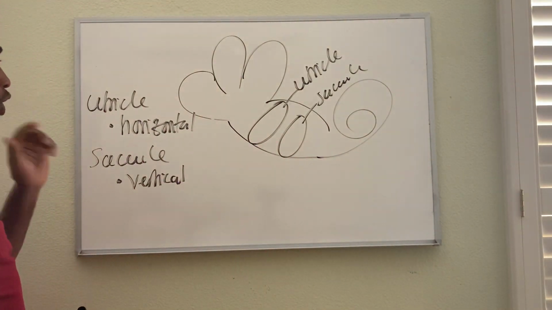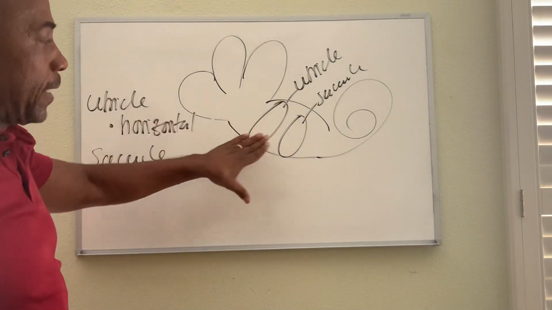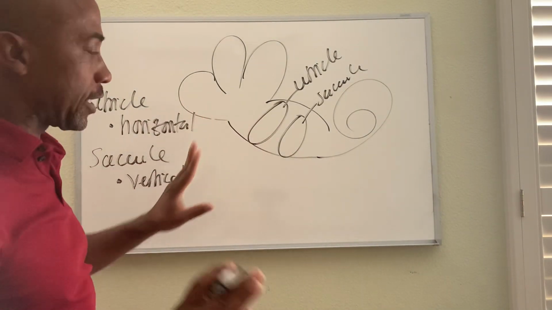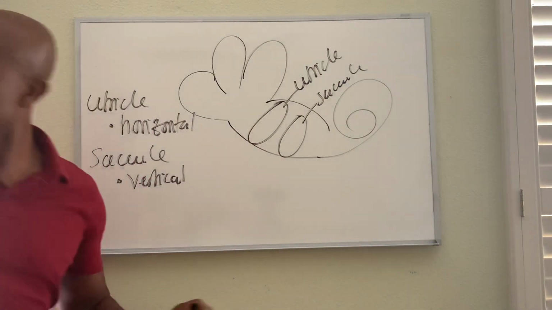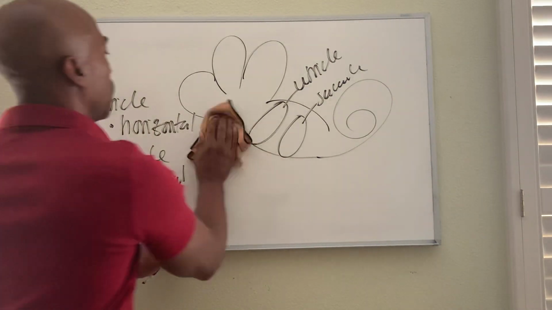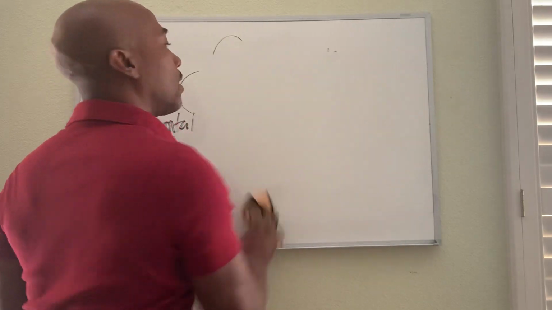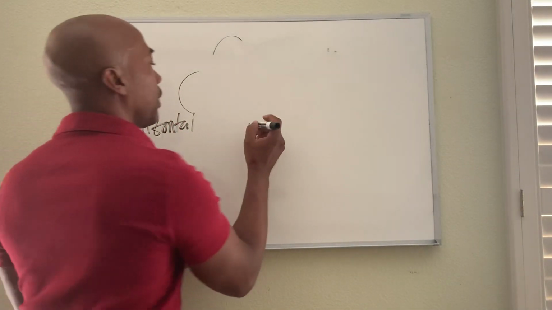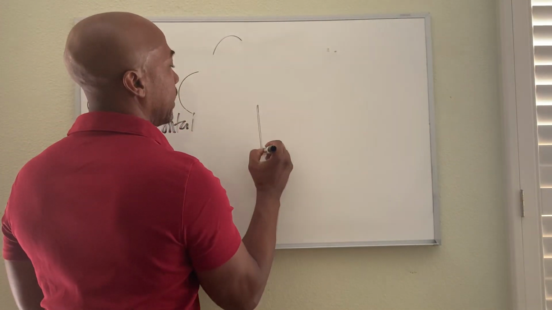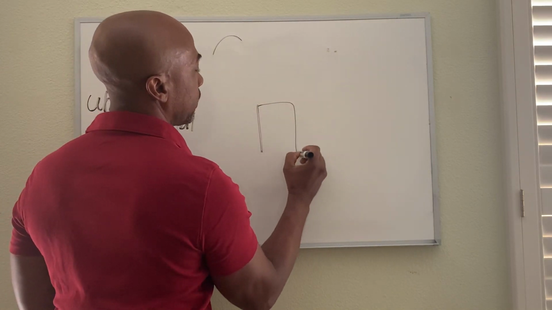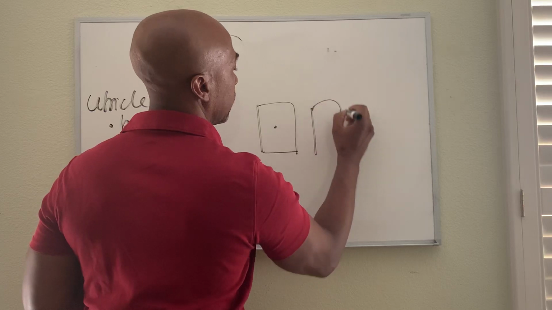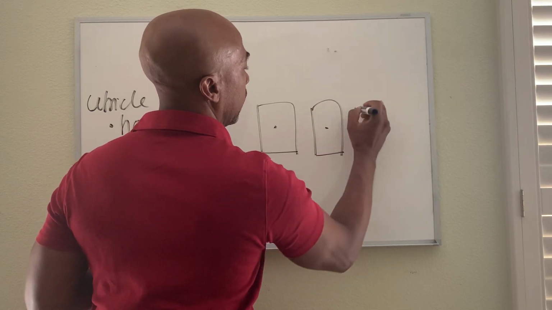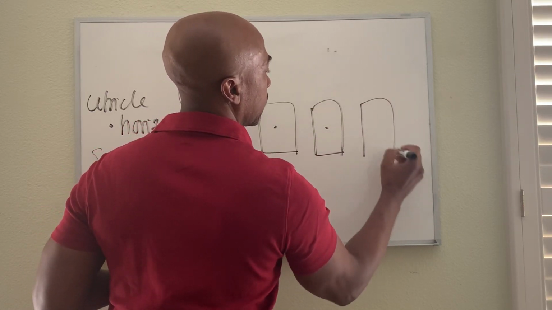So let's see how these work. In these structures, you have an area where, again, we find hair cells. Let me erase a little bit for some space on my small whiteboard. So here you have, again, the hair cells.